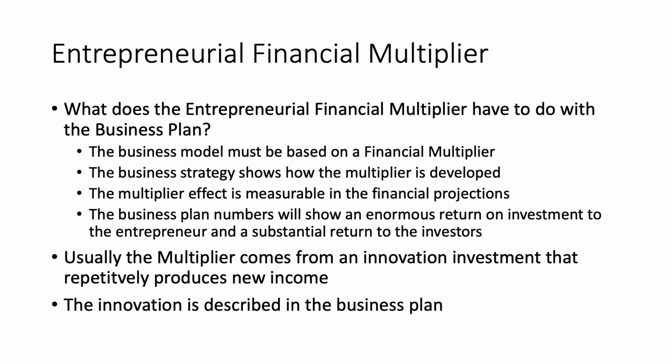And then finally, of course, how the financial projections are going to look for the company in a way that produces the entrepreneurial financial multiplier. That multiplier and the income it produces will ultimately be the source of the return on investment to the entrepreneur and to the third-party investors.